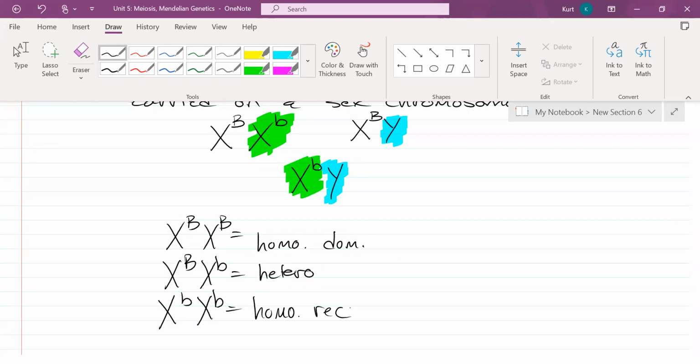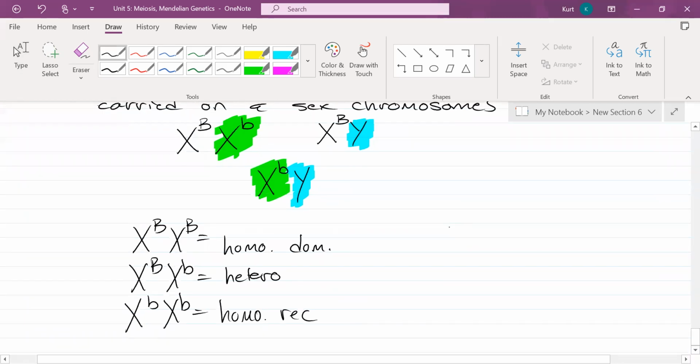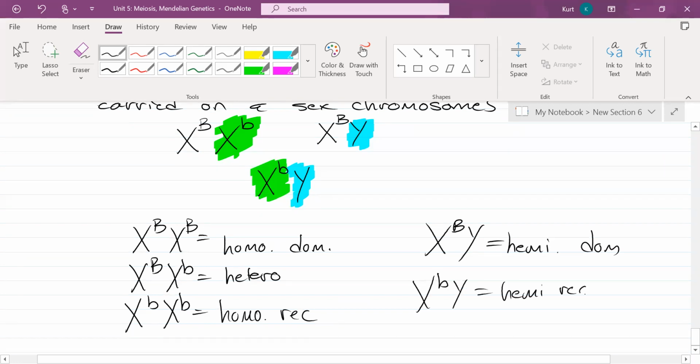His X or his Y? You got his X, and your other X came from mom. Here is males. We call this hemizygous dominant, and this is hemizygous recessive. Males cannot be a carrier for a sex-linked trait because males only have one X chromosome.